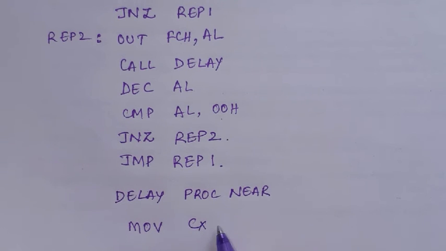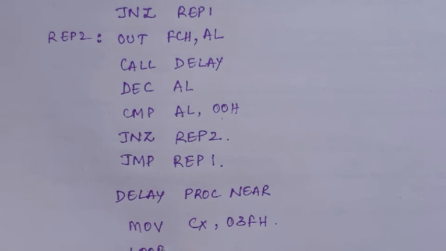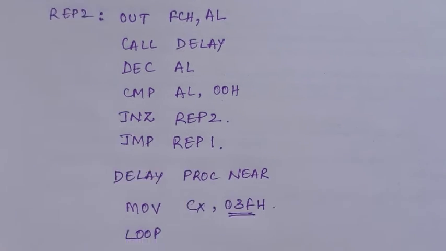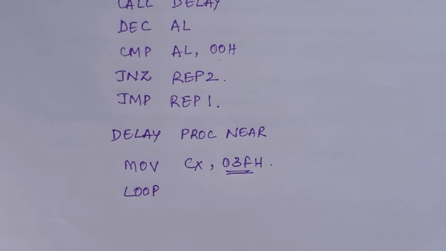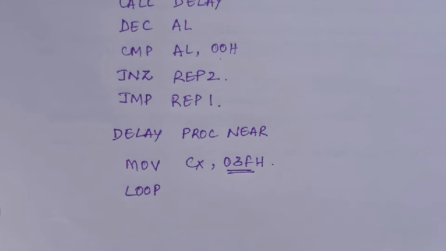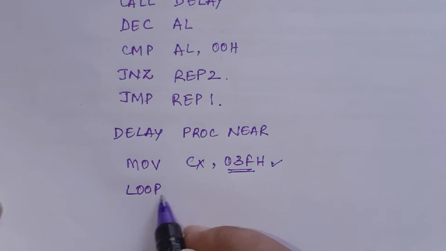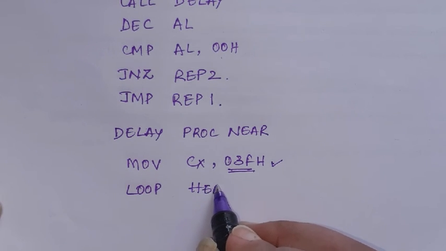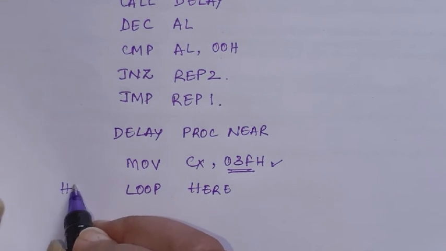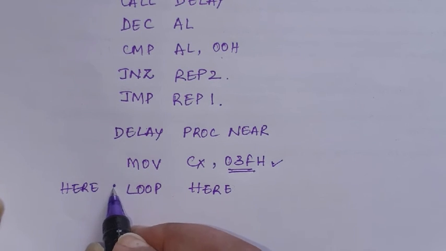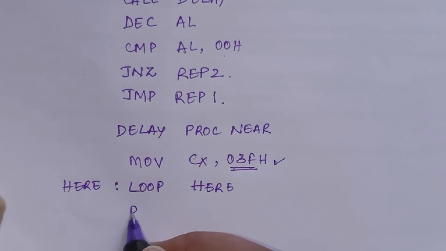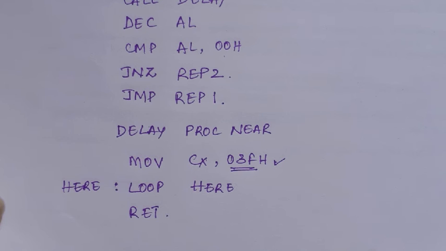So move CX with some count. This count is to be calculated if we want a particular delay. If I say a 1 millisecond delay, then for that 1 millisecond you have to calculate this count. Okay, so this is return.